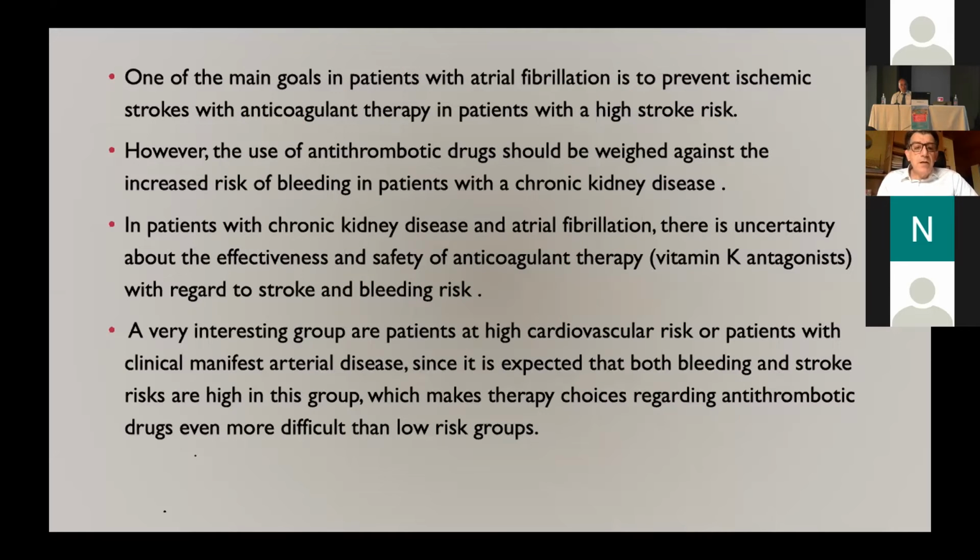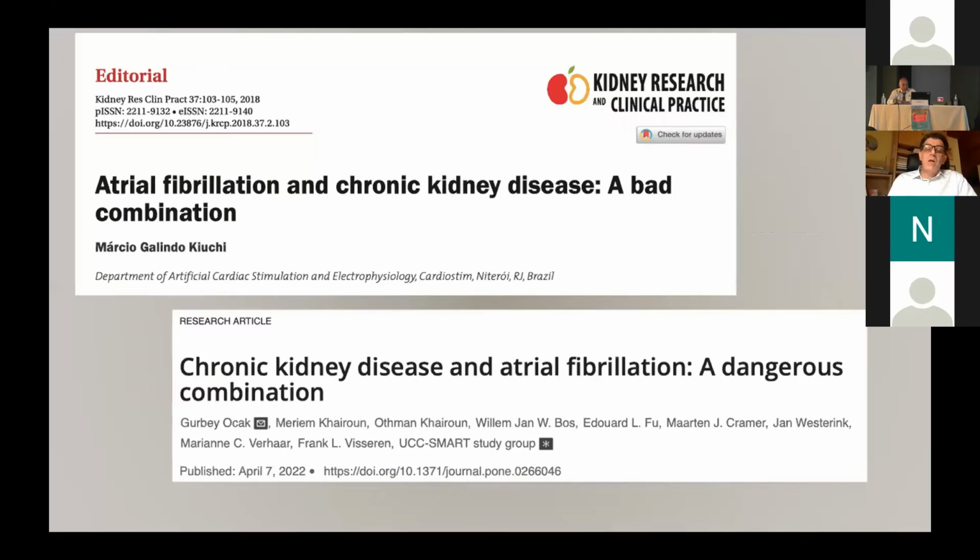In our minds, we have first the vitamin K anticoagulant therapy, but in the last nearly 20 years we have what we call NOACs, and we don't know if we could use them more because we don't have a lot of information. This is the state where we are at the moment.